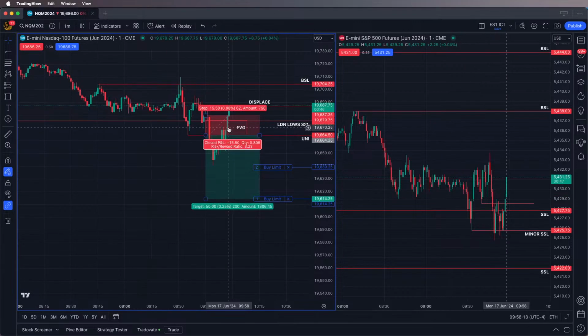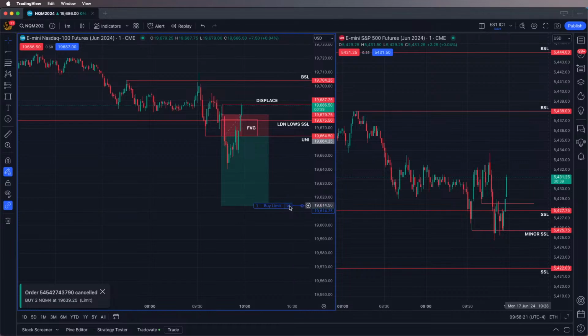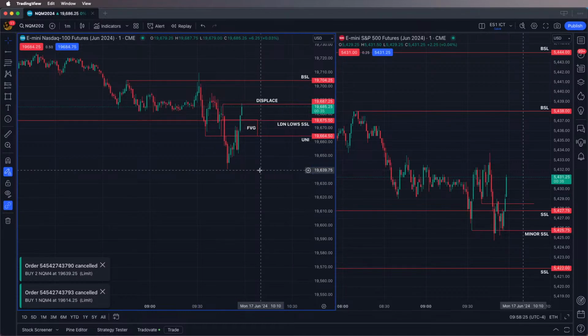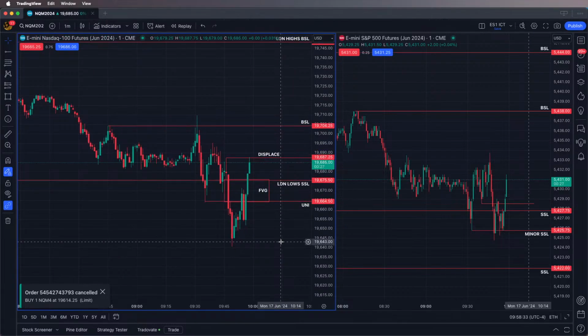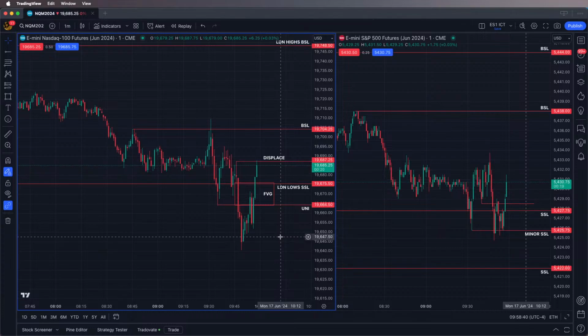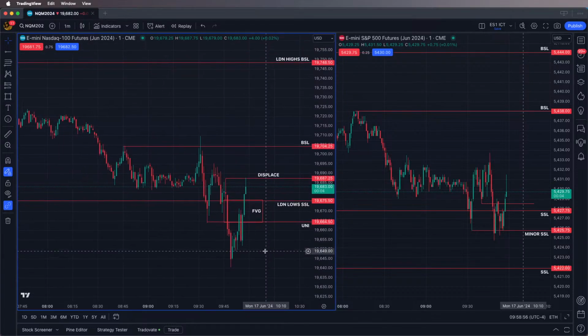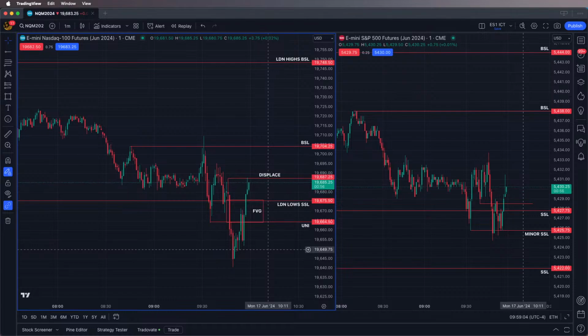Alright, so we just got stopped out of that trade of 15 handles, and obviously it didn't really respect that 1-minute bearish gap as I wanted it to. And this must be the displacement higher which we was originally looking for.